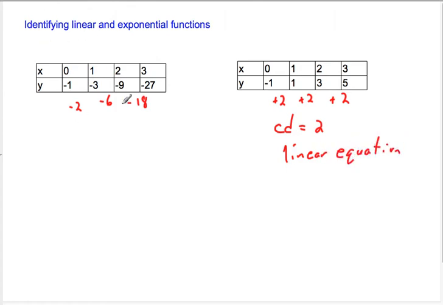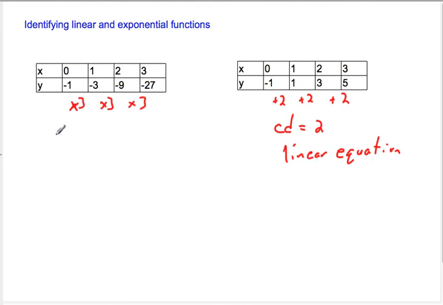And then if it's not a linear equation, one other thing we can check is if it's an exponential function or exponential equation. And so in this case, we're trying to look for a ratio rather than a difference. And so -1 times 3 would be -3. -3 times 3 would be -9. -9 times 3 is -27.